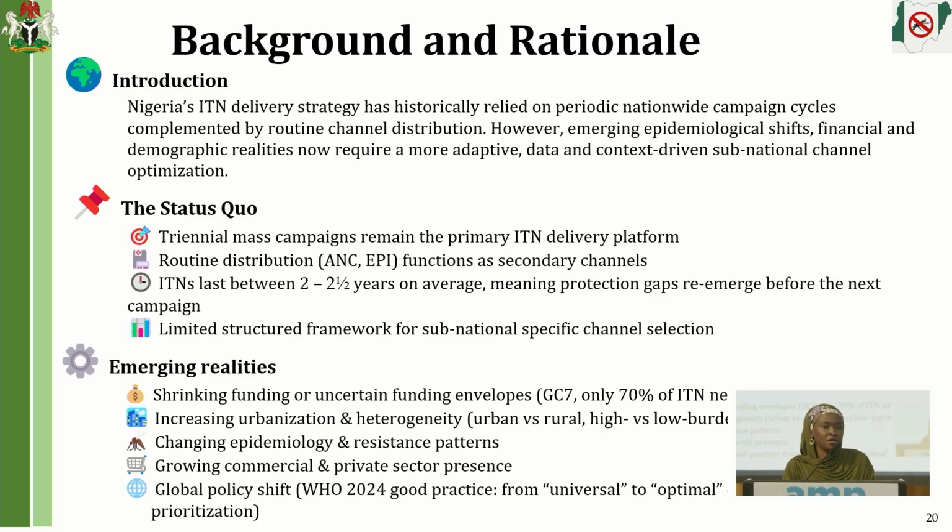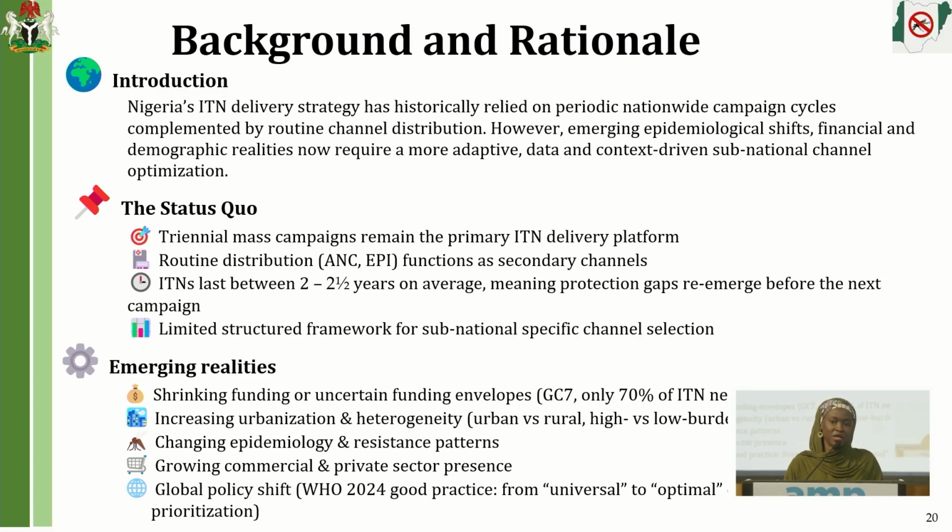So, like I said, we use the mass campaign as the primary delivery platform, then the routine. And nets typically last 2 to 2.5 years. And I think from previous presentations in this meeting, it has shown that some nets even last less than 2 years. So that means gaps emerge before the next campaign 3 years later.